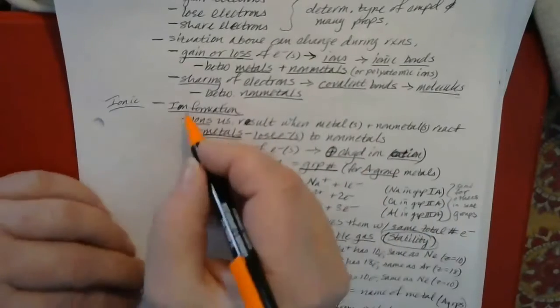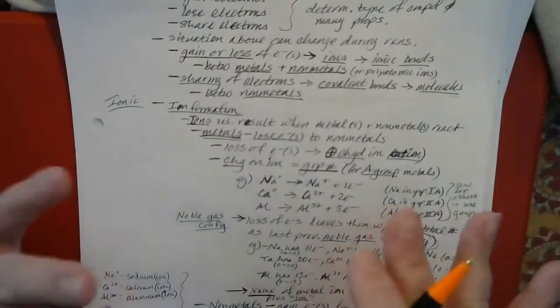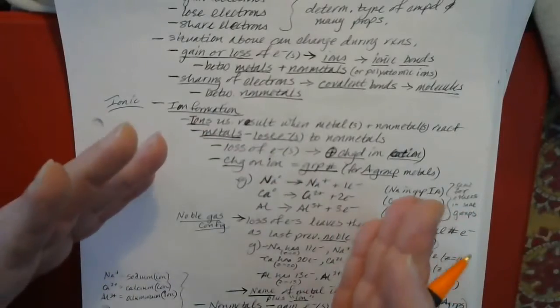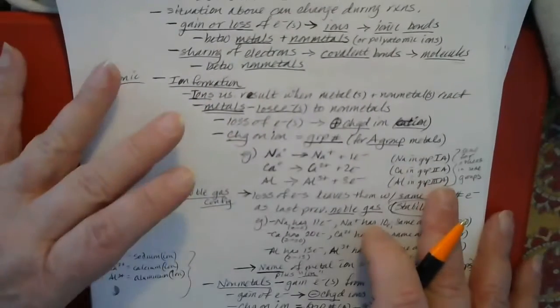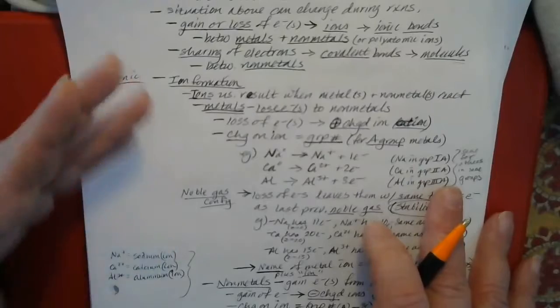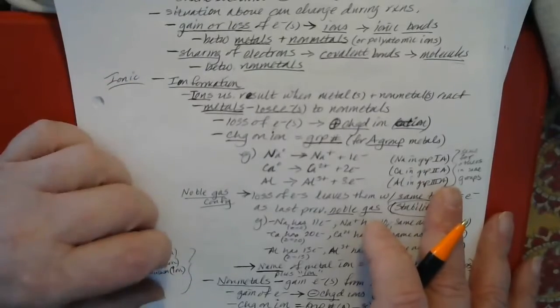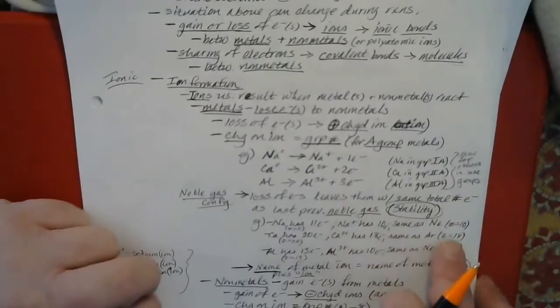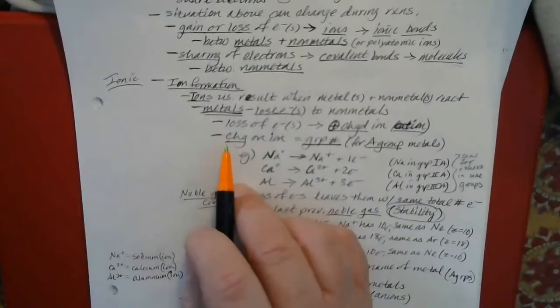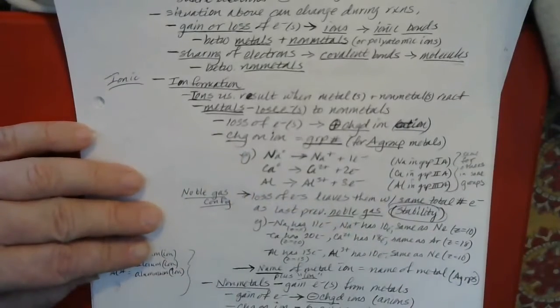So now you have one or more protons in the nucleus that don't have any electrons to cancel them out. And ion formation always involves gain or loss of electrons. The number of protons will not change in a chemical reaction, because if you're changing the number of protons, you're changing what element you've got, and that can't happen in a chemical reaction. So it's always gain or loss of electrons.